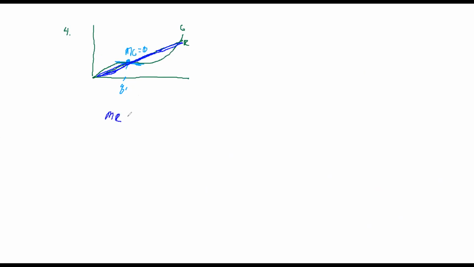So marginal revenue is some number. We don't know what that is because we don't have anything more specific than this. At Q2, which is right here, marginal revenue is that same number. So marginal revenue is the same at Q1 and at Q2 because revenue is this line here. So the slope of the line, if this line, for instance, had the equation 4x, the derivative is always going to be 4.